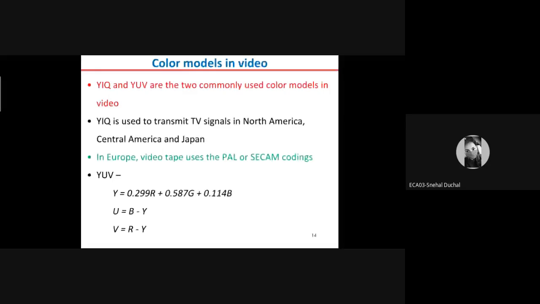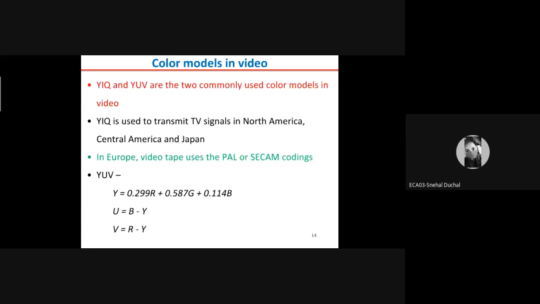Out of these four models, the most commonly used are YIQ and YUV. These two models are commonly used in videos, and they are preferred for video signals.